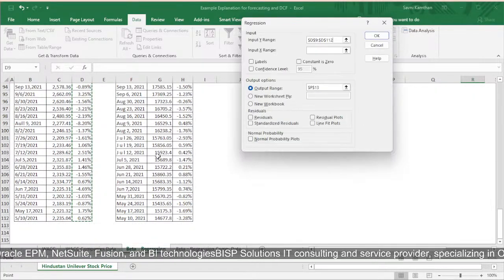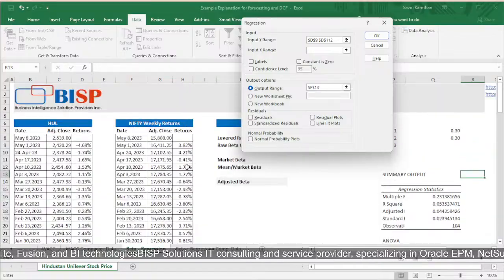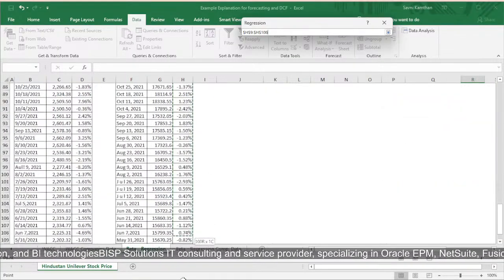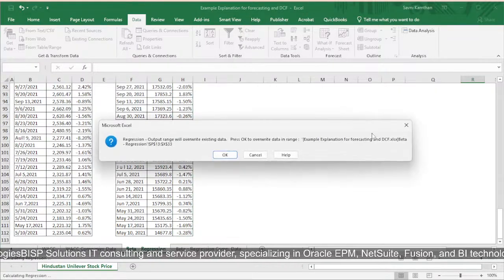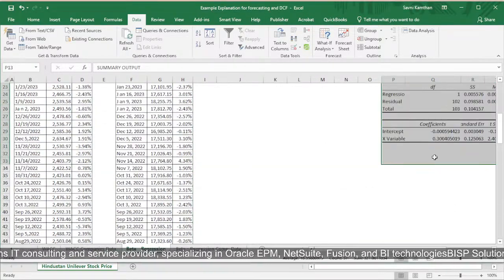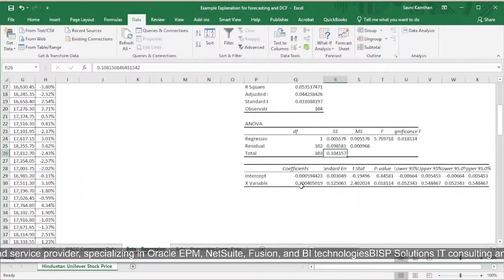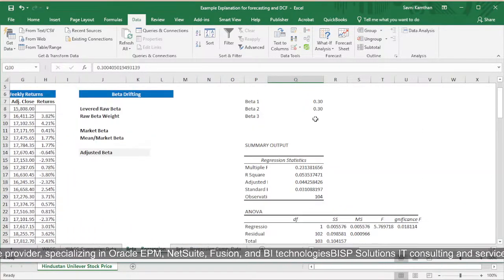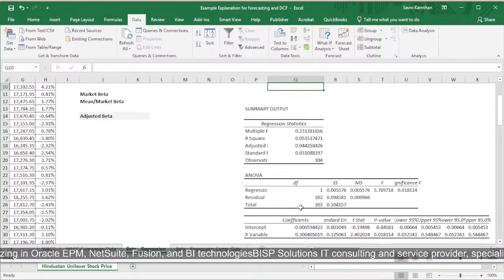Let's say I'm taking this and everything will be right like this, right? So our beta is coming as 0.30 in this also.